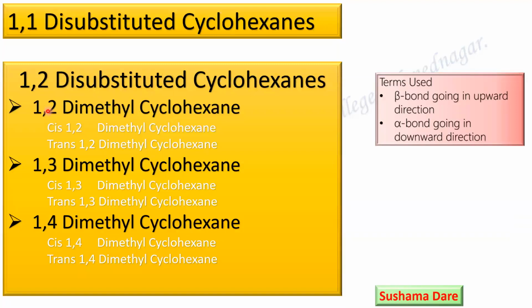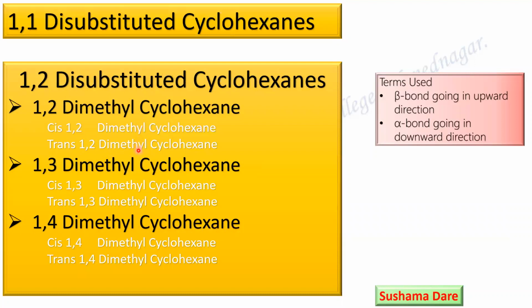In those subpoints, we have to discuss whether the two groups are related as in 1,2-dimethyl cyclohexane, then 1,3-dimethyl cyclohexane, or, if the two methyl groups are related as 1,4, then it is 1,4-dimethyl cyclohexane.